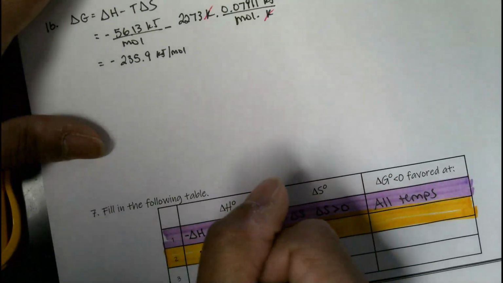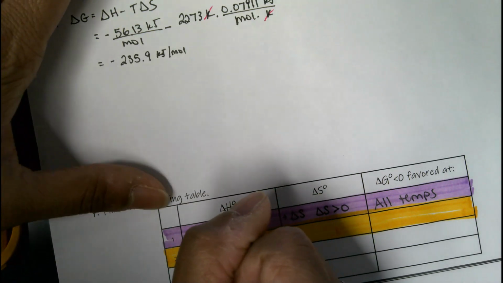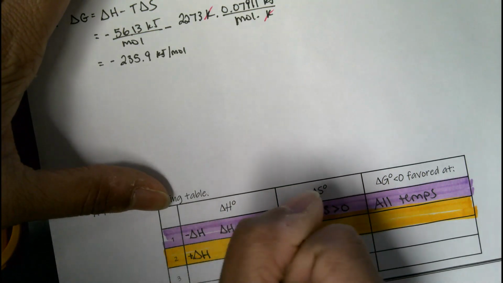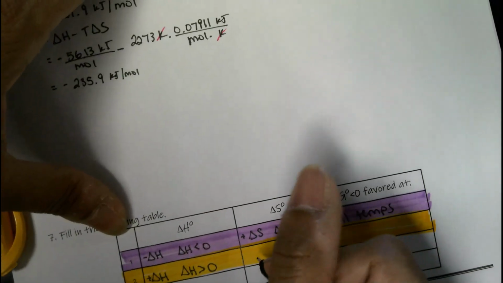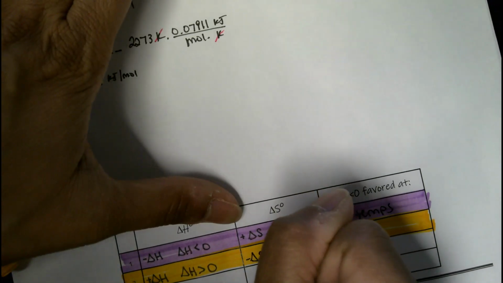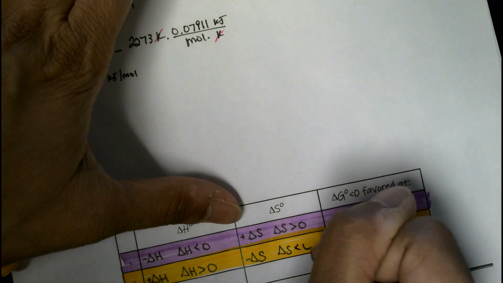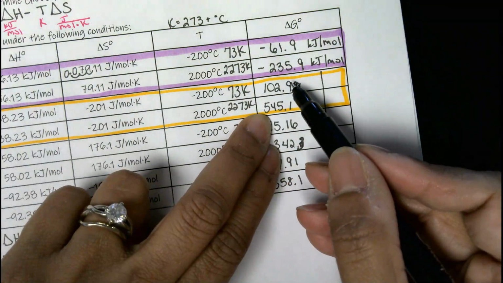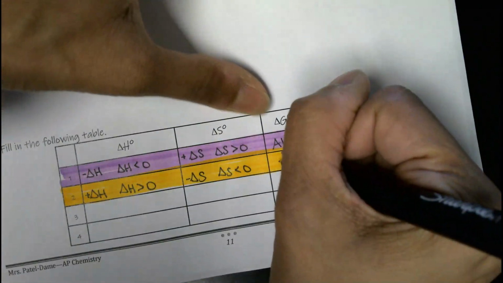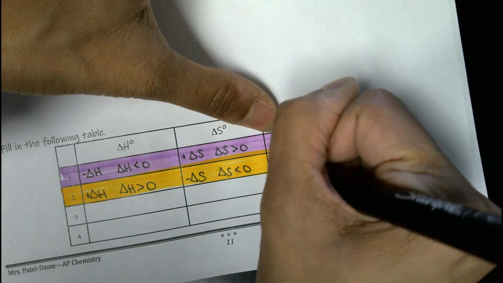Okay, so delta H is positive, meaning delta H is greater than 0. My delta S on these were negative, meaning delta S was less than 0. And we're looking, is delta G favored? It is not favored. So, not favored at all.